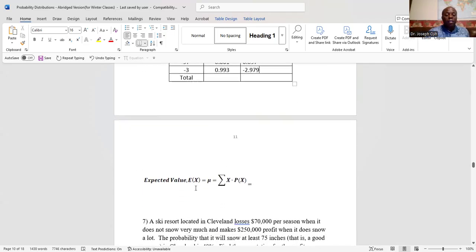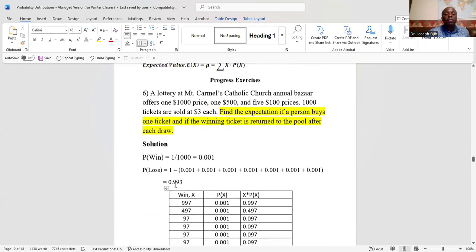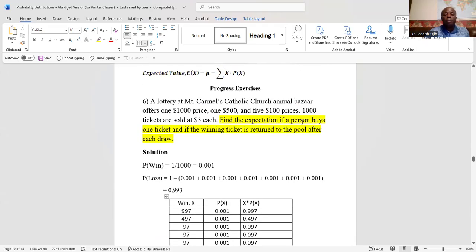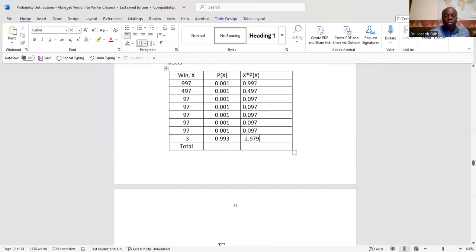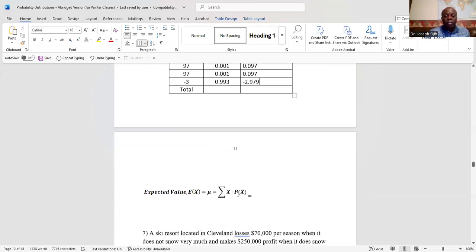Now let us find the expectation. Remember, the question was to find the expectation if a person buys one ticket. That means finding the theoretical average. The average is the sum of x times P(x).